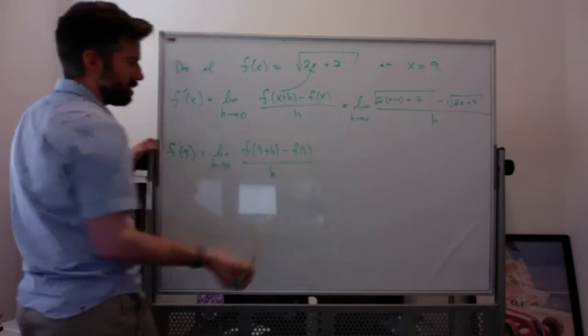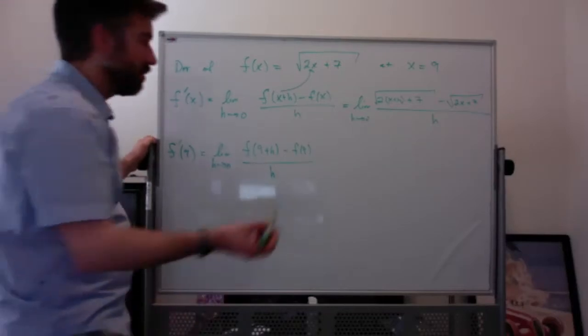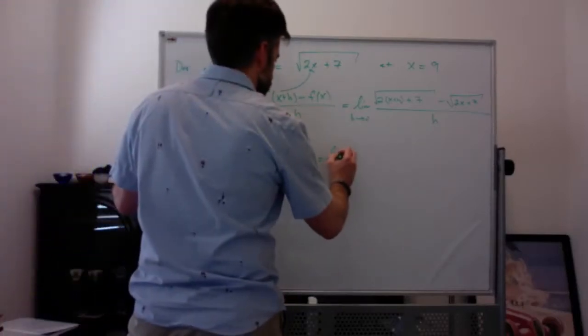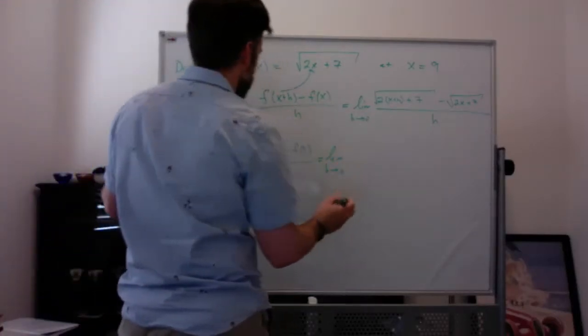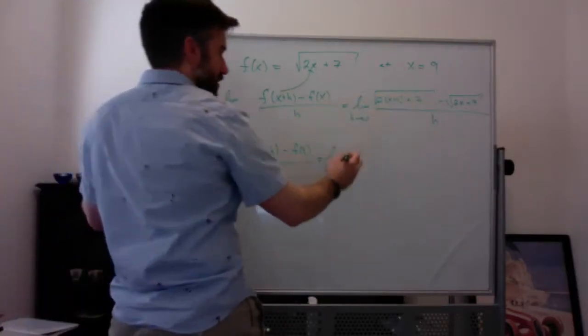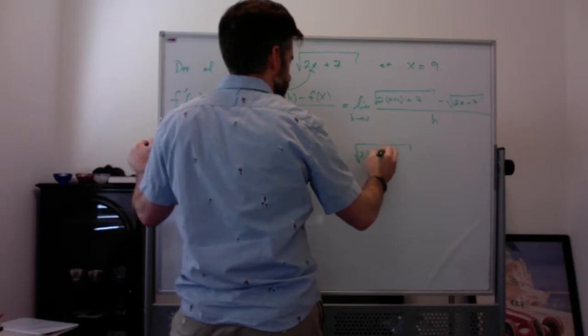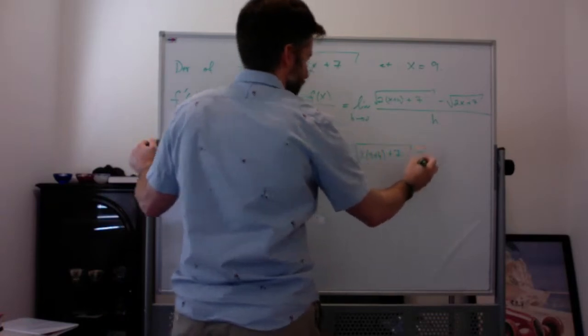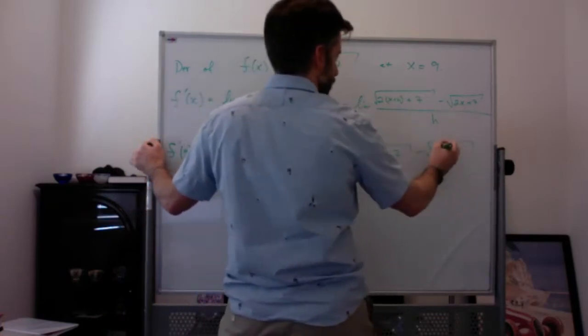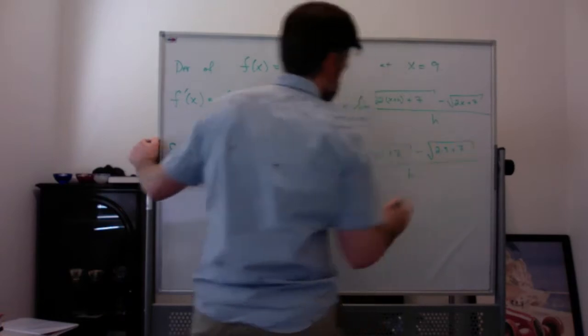Same idea, just using numbers instead of variables. I'm replacing all my x's with 9s: the square root of 2 times 9 plus h plus 7, minus the square root of 2 times 9 plus 7, all over h.